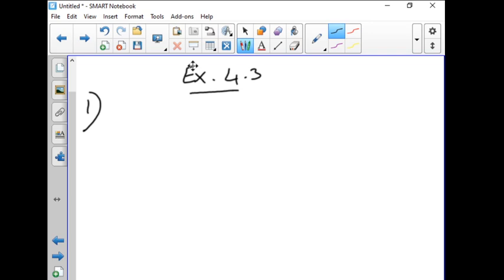So first question is, find the domain of the following functions. So first one, tan inverse of root of 9 minus x square. So what is the domain?